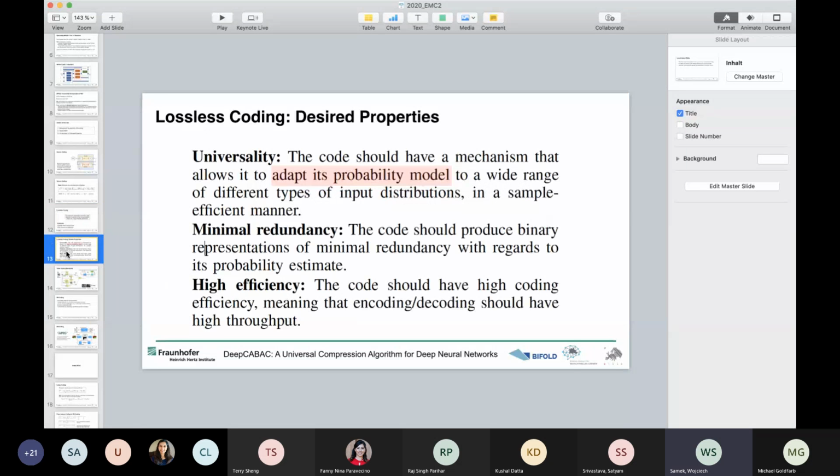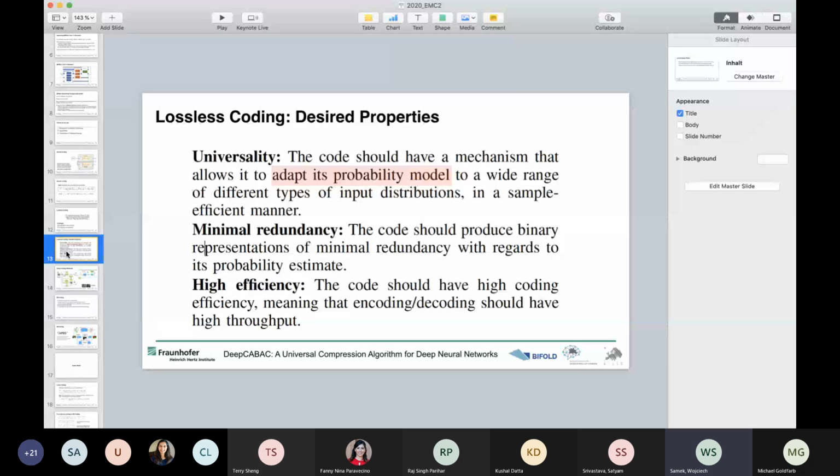But luckily, what people developed are lossless coding techniques which have different properties like universality, which means that the code should have a mechanism that allows it to adapt to a probability model, to a wide range of different types, which means that you don't develop codes which only work for one particular probability model, but are able to adapt very quickly.